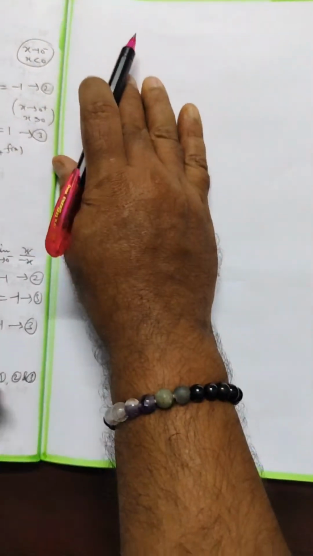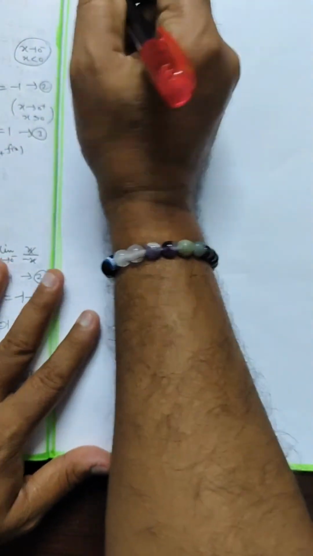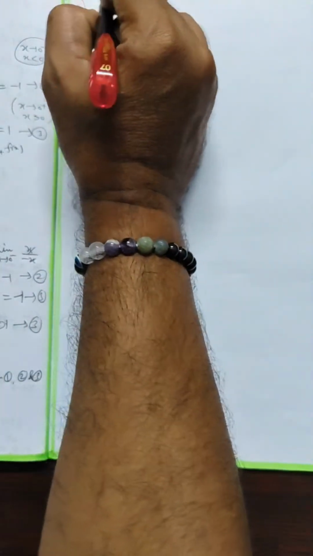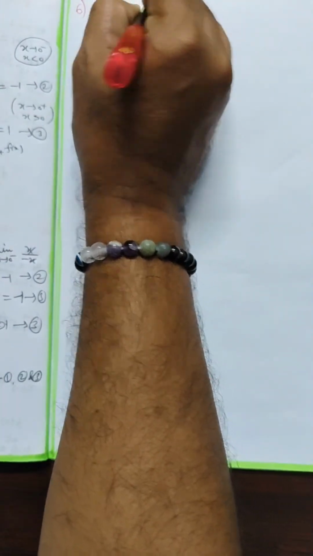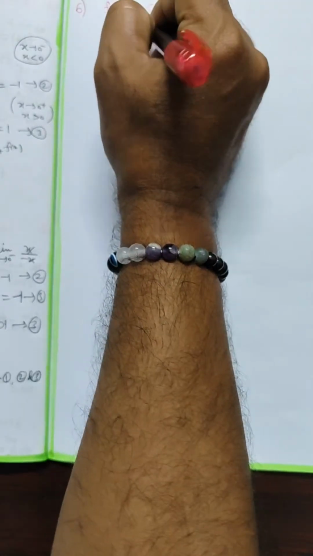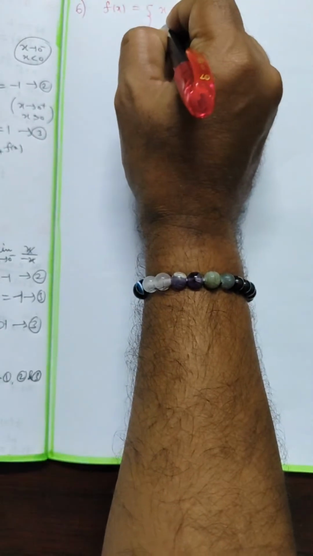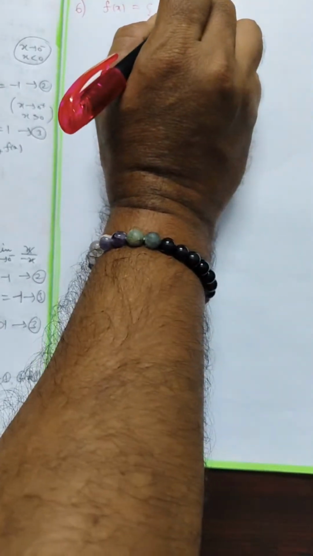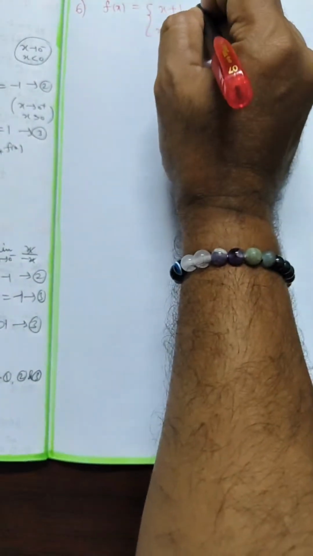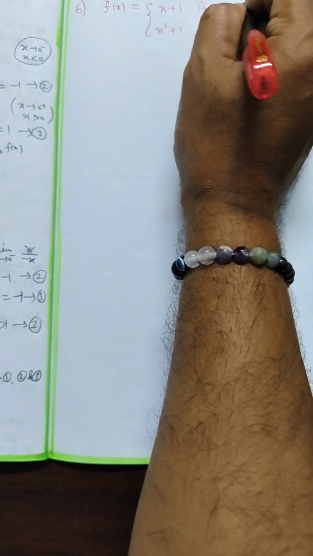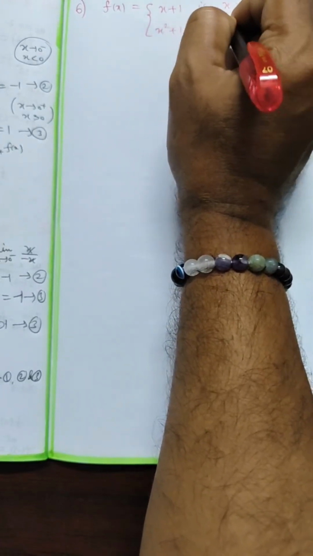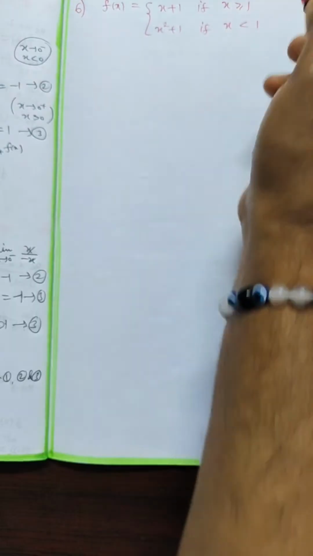So we will go for question number 6. In question number 6, what is the function? f of x is equal to x plus 1 if x is greater than or equal to 1, x square plus 1 if x is less than 1.